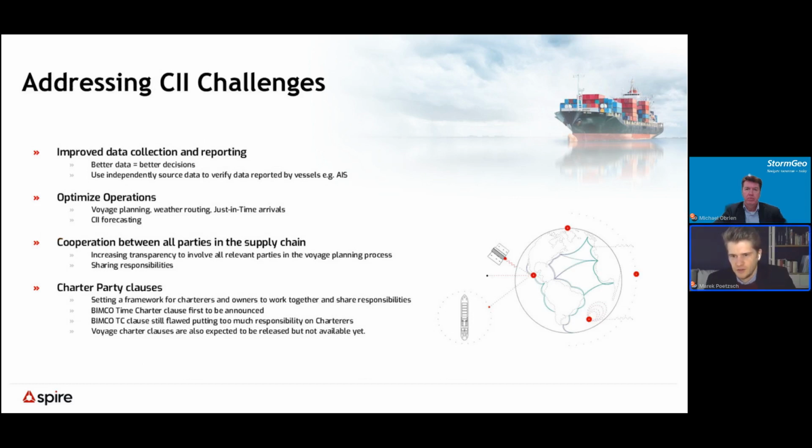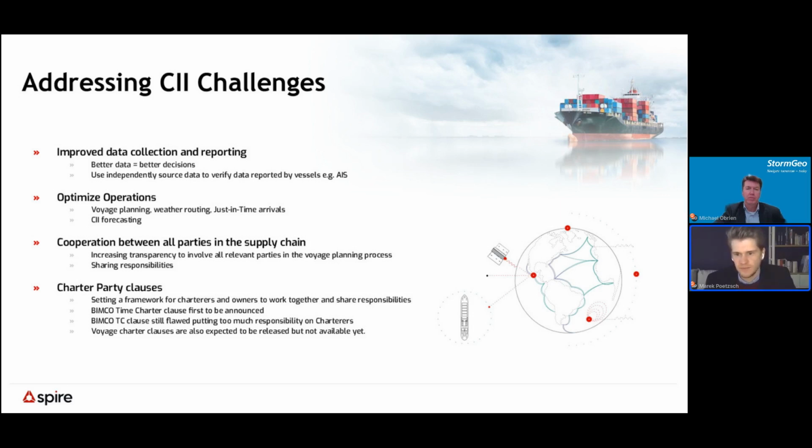And now I want to get into addressing the challenges that are associated with CII. First of all, obviously, more data allow for better decisions. So improving data collection and reporting is going to be an important factor.